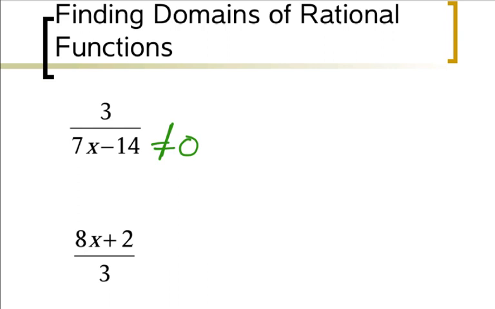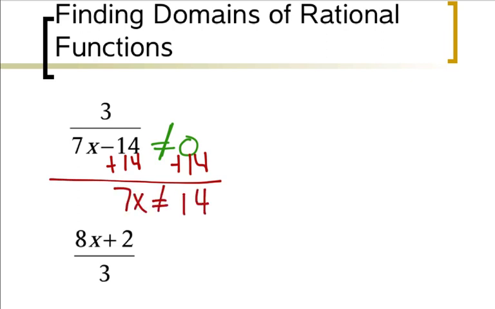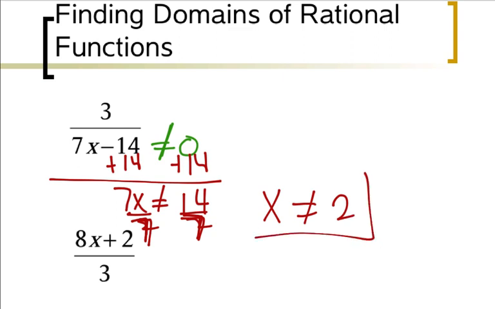If I leave the can't equal 0 because it can't be 0, I add the 14, and we say 7x can't be 14. Then divide by 7, and you find that x can't be 2.